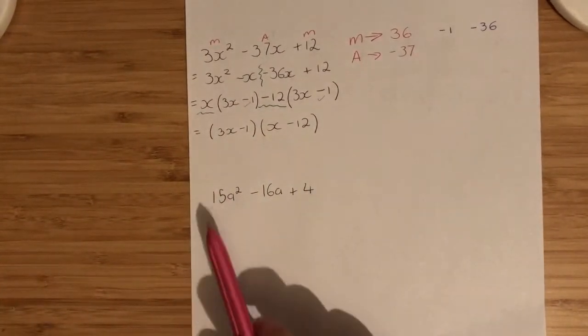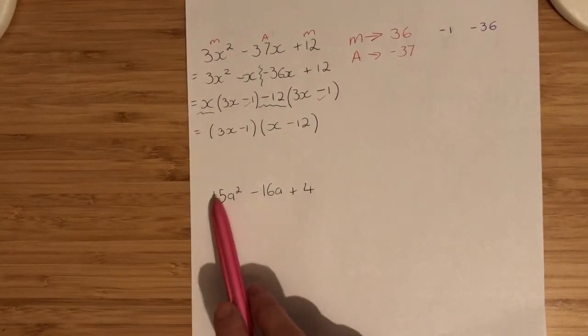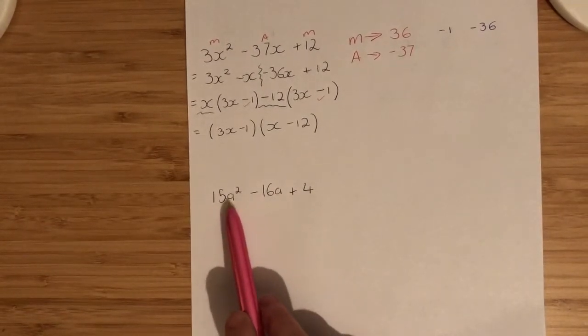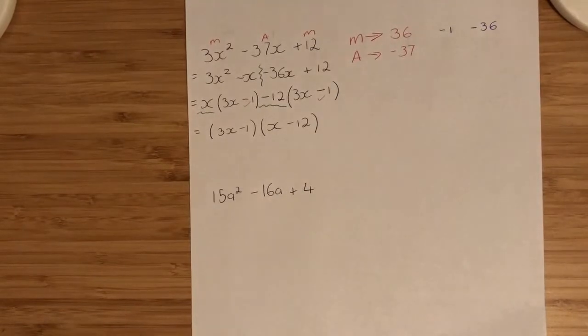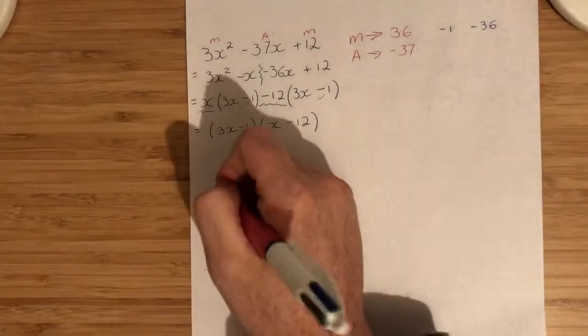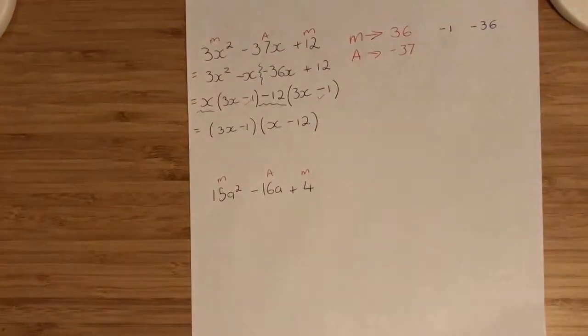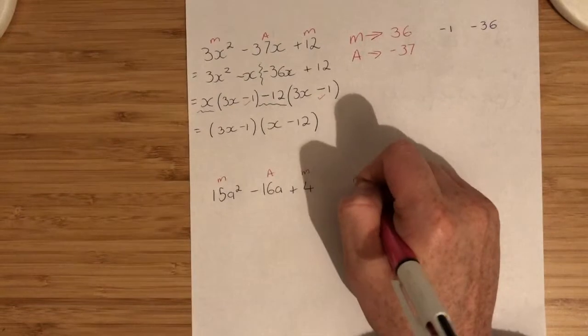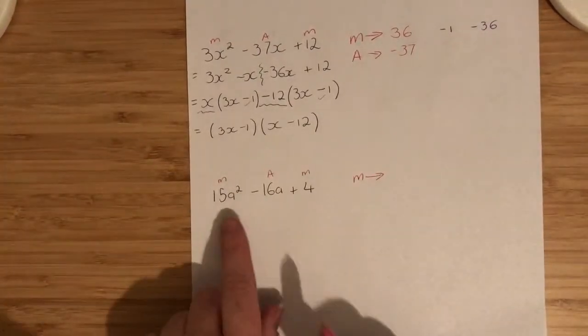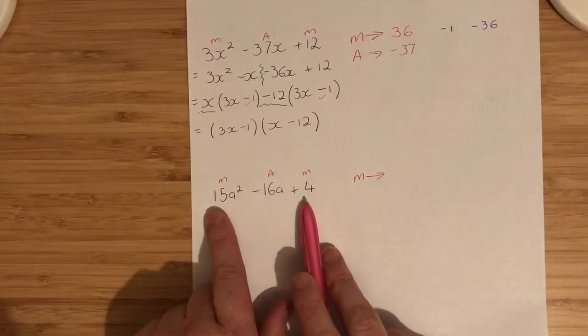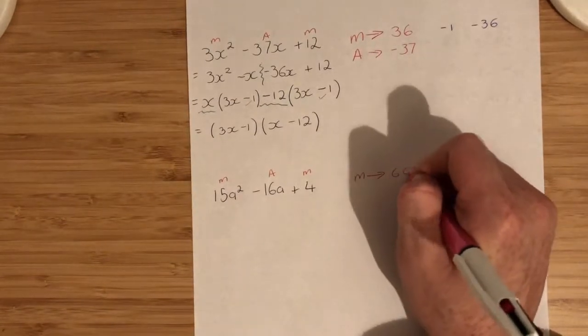Okay, so we've got a trinomial, we've got a number in front of the a squared. So we're going to do our letters MAM. There's no highest common factor there, so we can go into factorising. We're multiplying towards 15 times 4, which is 60.